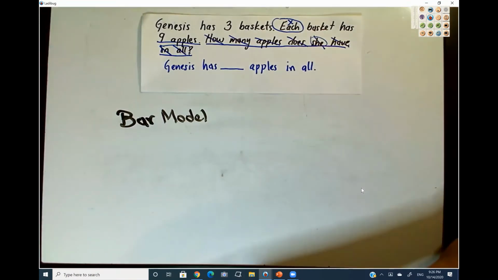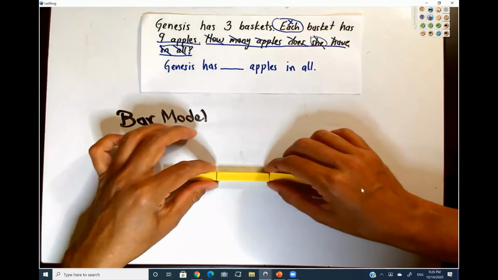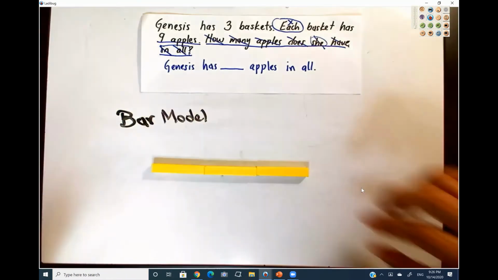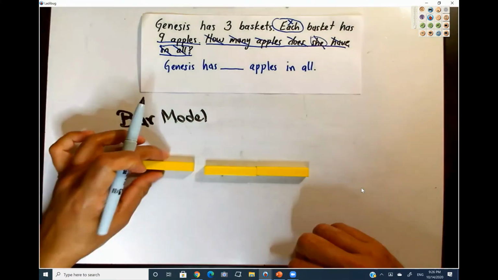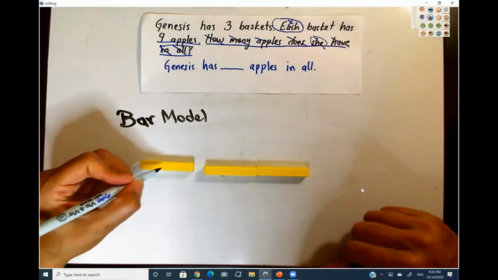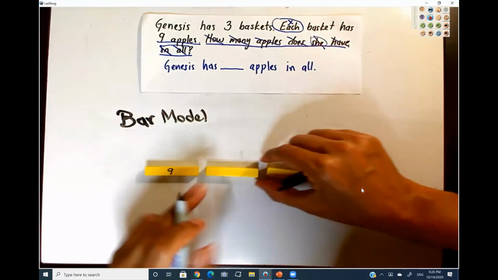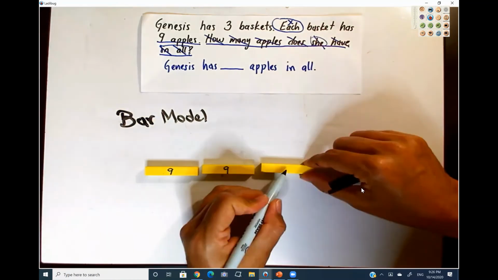So this is going to be basket 1, basket 2, and basket 3, and all together they make this bar model. Now, the only thing we need to do is tell how much is in each. I know this is basket 1, so it's going to be group 1, and this one has 9 apples. The next basket has 9 apples again, and the last basket has 9 apples too.